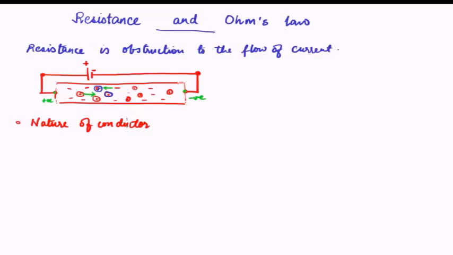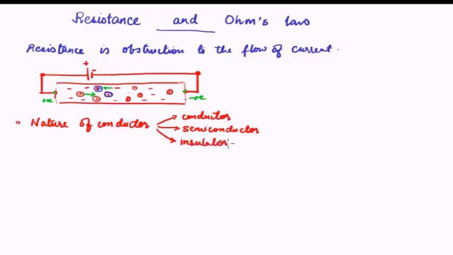There are some materials which offer a lot of resistance. There are other materials which offer very less resistance. And depending on how much resistance they offer, the materials are termed as either conductor, they offer less resistance, semiconductor, they offer intermediate resistance, or insulator.